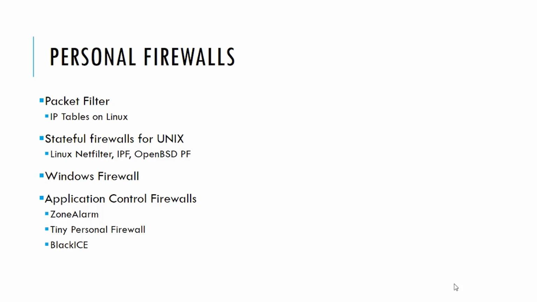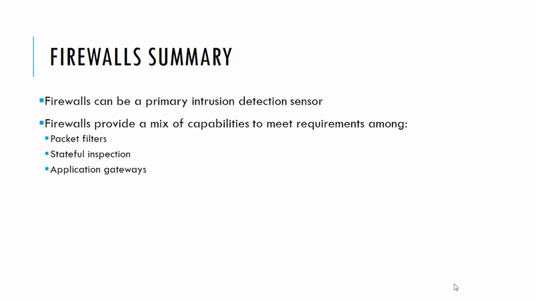The personal firewall can be the Windows firewall built inside any Windows machine, and can also be an application control firewall designed by a third-party company, such as ZoneAlarm, to be set up on the user machine to protect it from any malicious network connection.